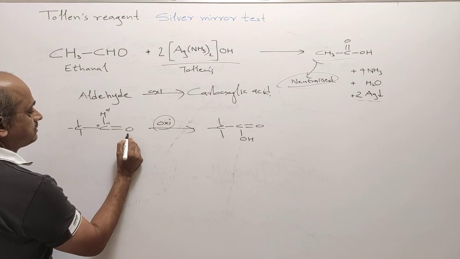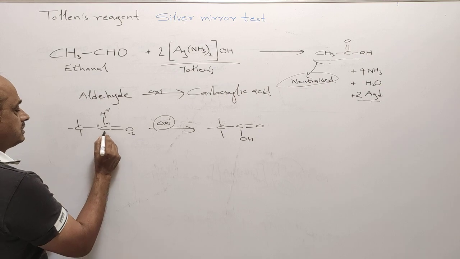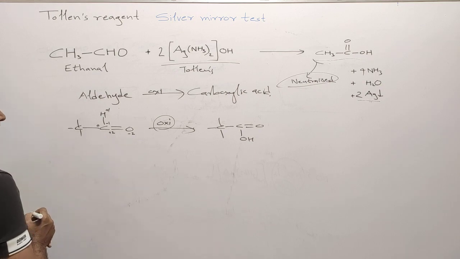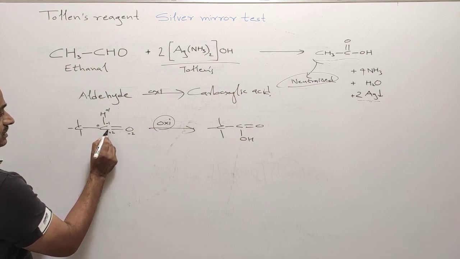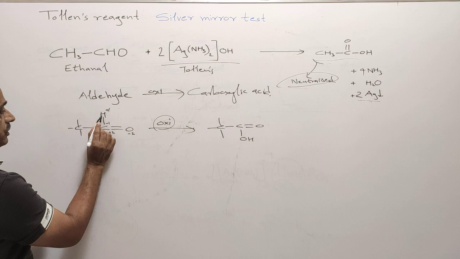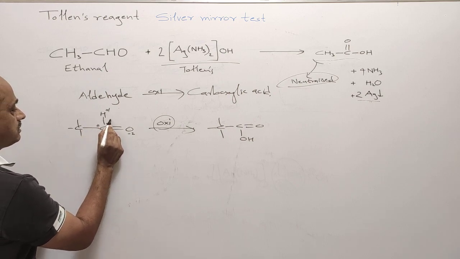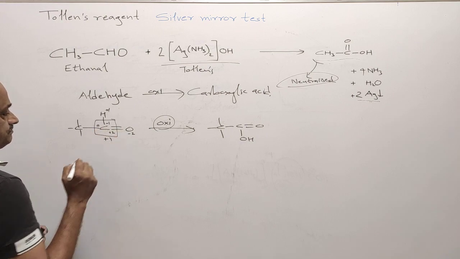And since oxygen is -2, because of that it will be +2. So because of oxygen, it should have +2. Because of hydrogen, it should have -1. So in totality, it becomes +1.